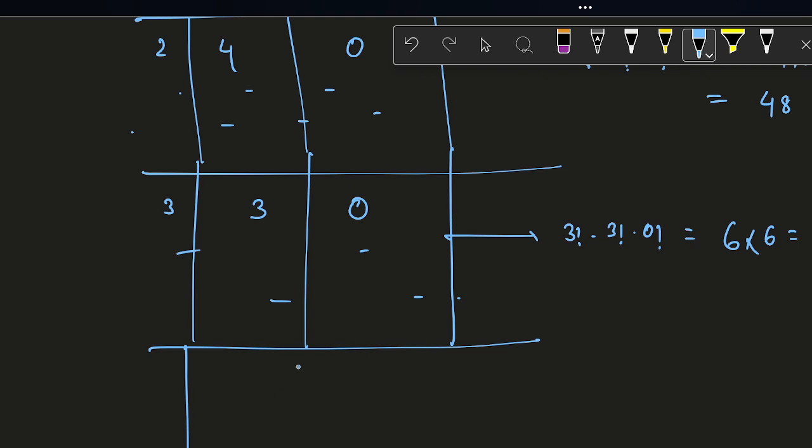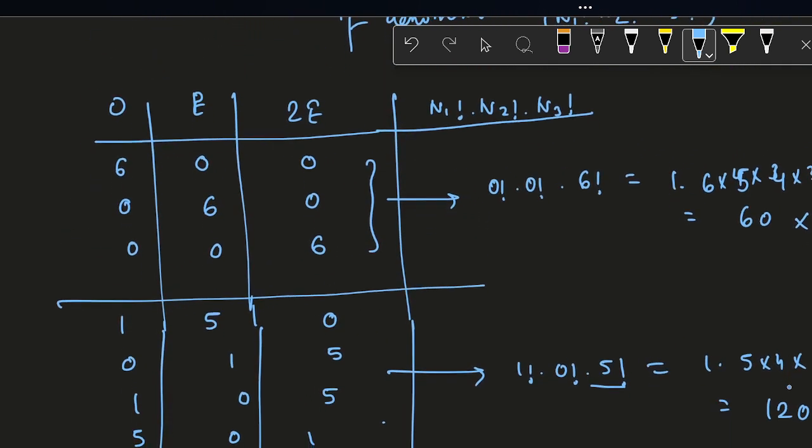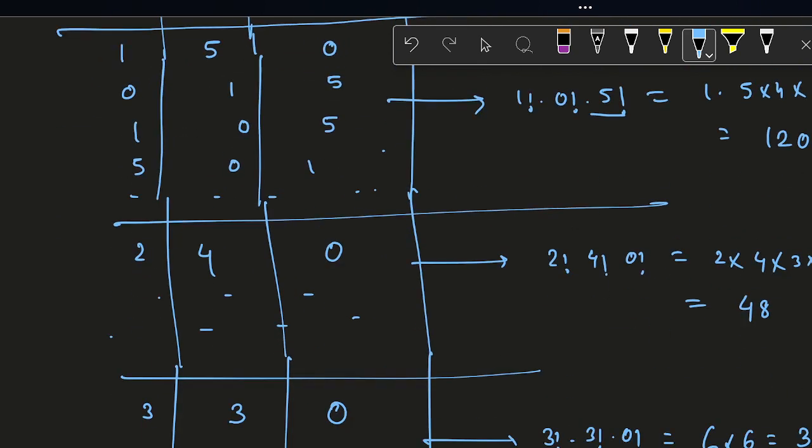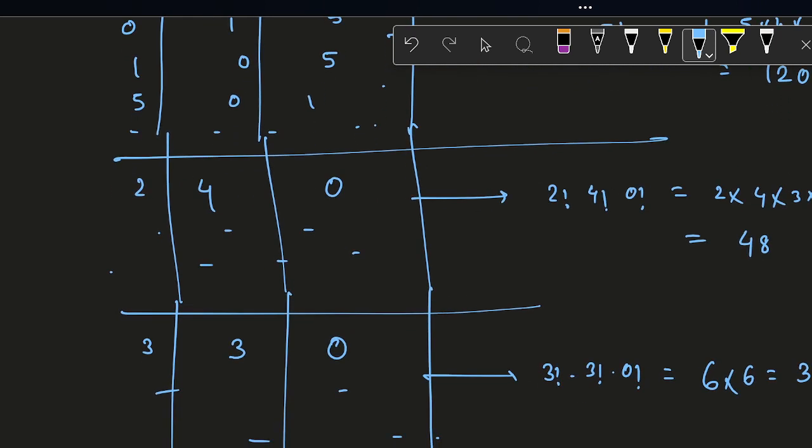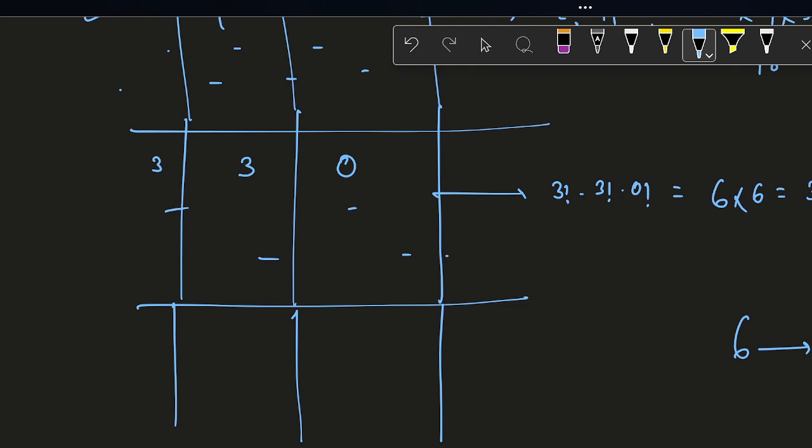Now look for yourself, are there any possible combinations left for 6? 6 can be divided as, first of all, 0 plus 6, that we have covered just on the top. Then 1 plus 5, that we have also covered. Then 2 plus 4, that we have covered also. And then lastly 3 plus 3.